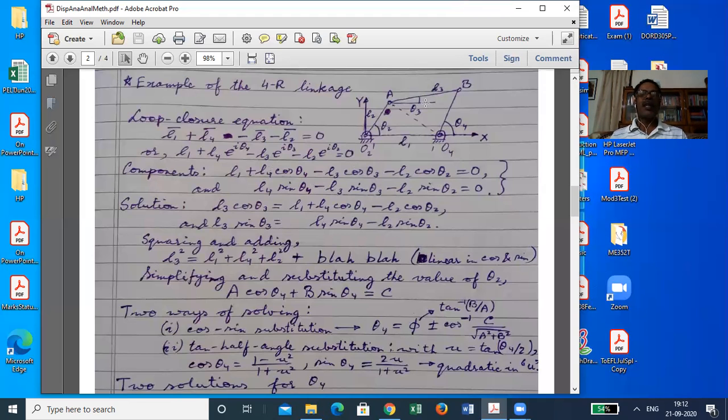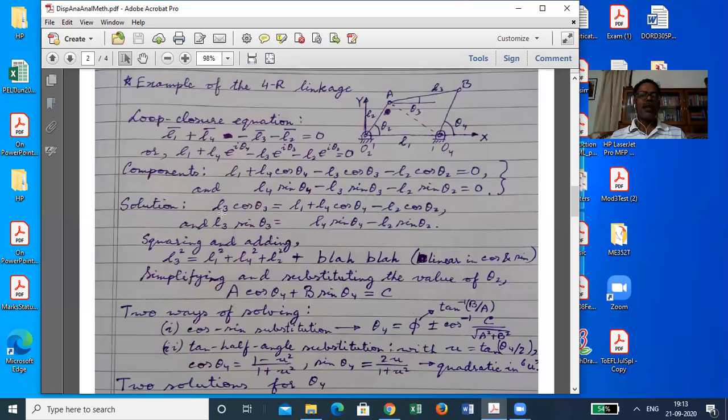So to eliminate theta 3, the simplest thing possible is to take L3 cos theta 3 on the other side, L3 sin theta 3 on the other side, and then have these two. And now elimination of theta 3 is obvious. You square this, and add together. So with L3 square, you will get cos square theta 3 plus sin square theta 3, which is 1. That means lock, stock and barrel theta 3 goes out of the picture. Okay.